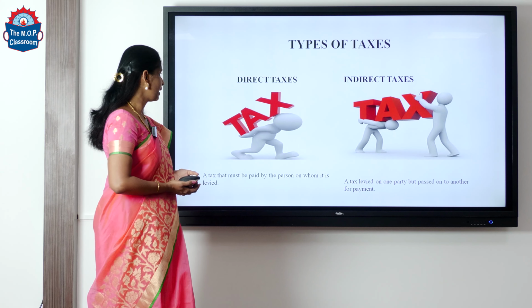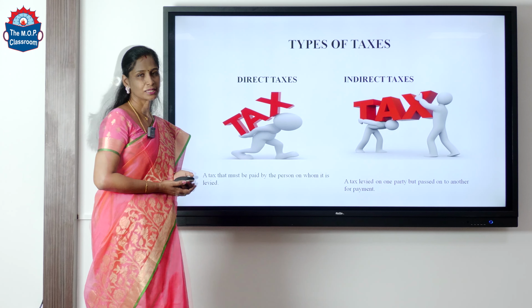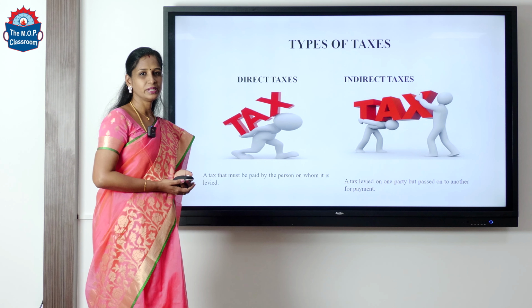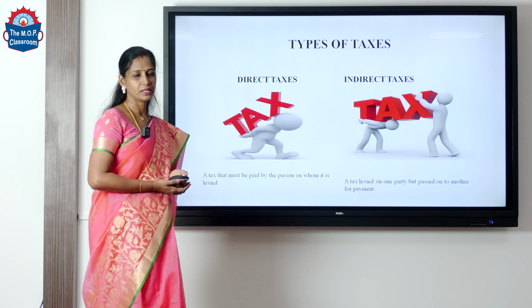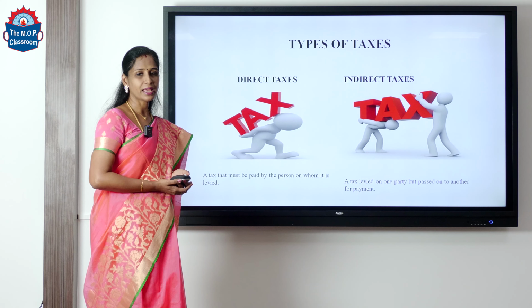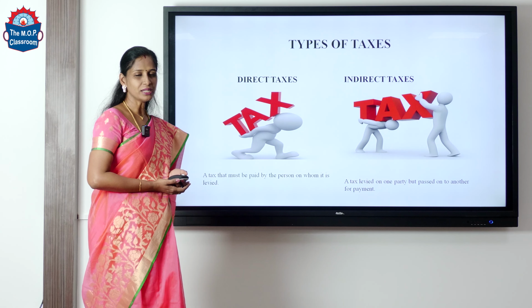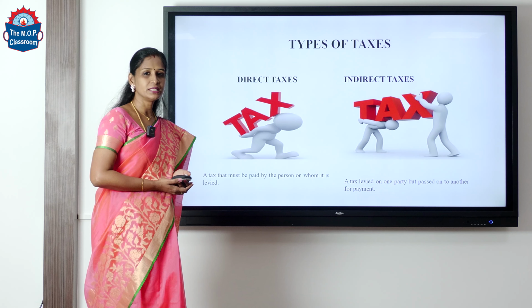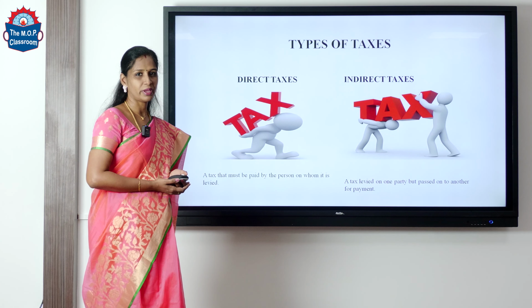I will give you a rightful example for direct tax and indirect tax. An example for direct tax: if Mr. A, who is working for a company, is earning rupees 80,000 per month, at the end of the year he has to pay tax for the income earned by him. That comes under the category called direct tax because the tax is levied on Mr. A and it is Mr. A who is supposed to pay the tax.